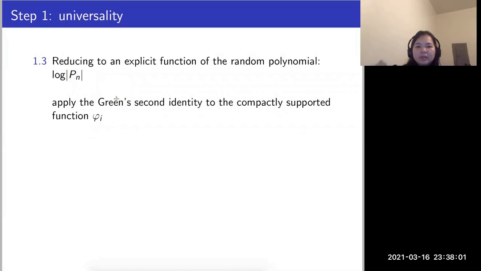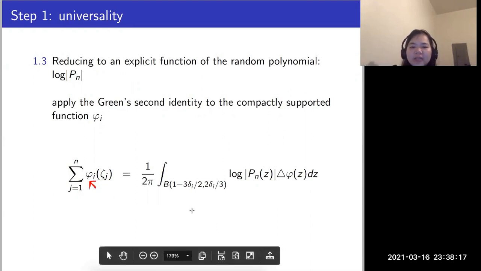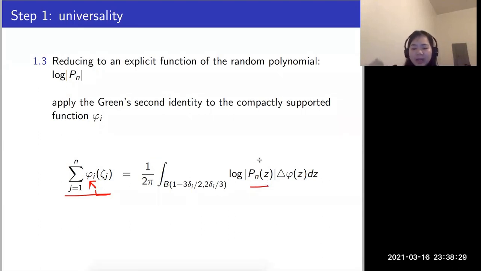The reason is that we want to be able to use the so-called Green's second identity. So if we have these phi, smooth and compactly supported functions on the complex plane, the Green identity allows us to bring this statistic on the roots back to the original polynomial. So we're good. We only need to deal with our polynomial directly here.